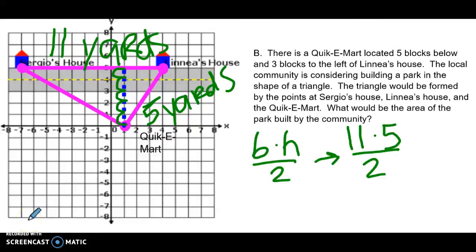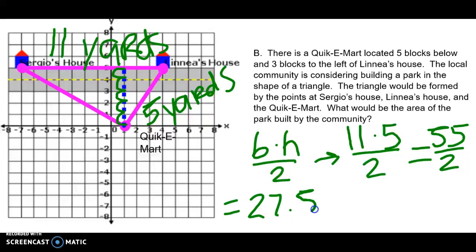Now that I figured out my base and my height, I can substitute those measurements in for my formula, which is how I got 11 times 5 divided by 2. And when I solve that, it's equal to 55 divided by 2. And when I do 55 divided by 2, I get 27.5 yards squared.